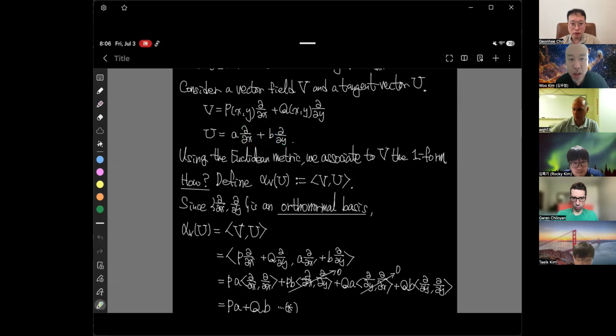It's slightly wrong in the following sense. Of course the coefficients are different. For the tangent vector, the coefficients should be scalars. That's fine. And for V, the vector field, as you pointed out, the coefficients are functions of x and y. That's also okay. But also the meaning of the d/dx, d/dy is completely different. At the vector field level, we don't fix the point at which to take the derivative, whereas for the tangent vector the point is already fixed, so you should specify at which point we'd like to differentiate.